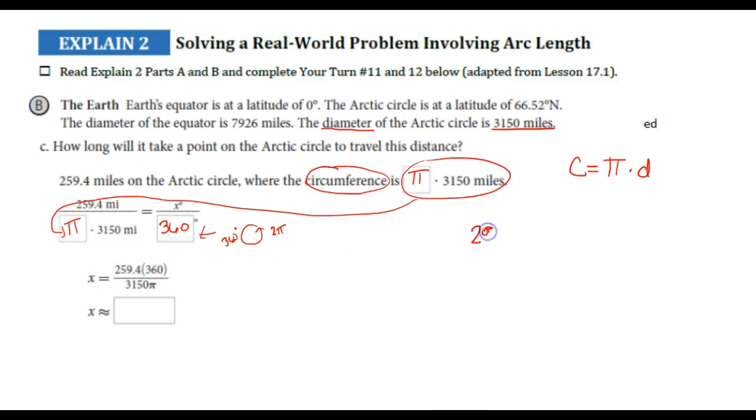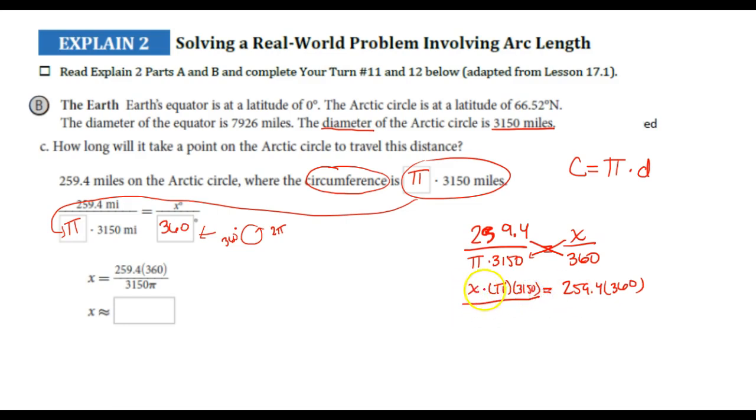Again, if you're wondering how they got from here to here, let me write that out. It's just basic proportions, but sometimes it's nice to see the steps. So I'm copying down 259.4 over pi times 3,150 equals x over 360. What I'll do is cross multiply, and I'm left with 259.4 times 360 equals x times pi times 3,150.